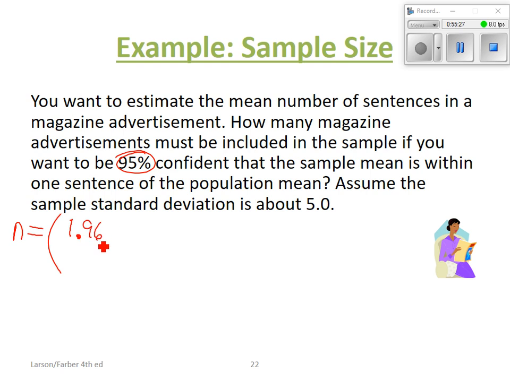What's sigma this time? That's our sample standard deviation, right? So it's 5.0 because we don't know what sigma is. It's the S, divided by E. What's our E? That's our margin of error.